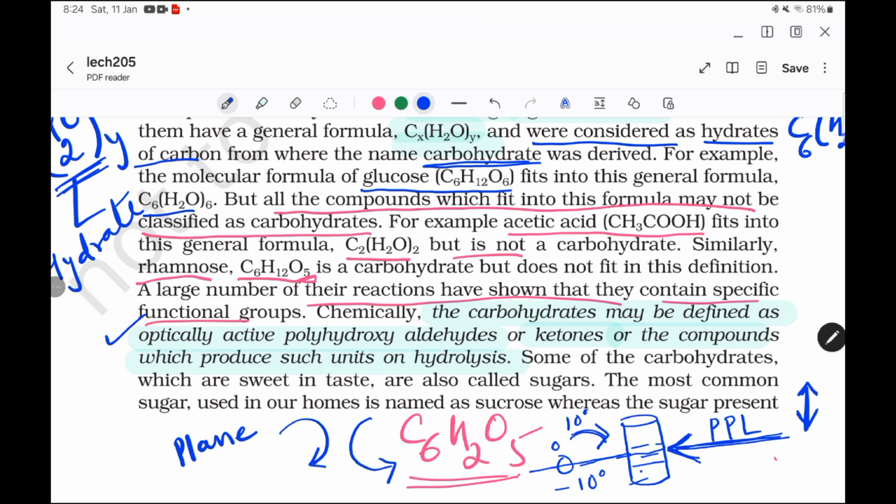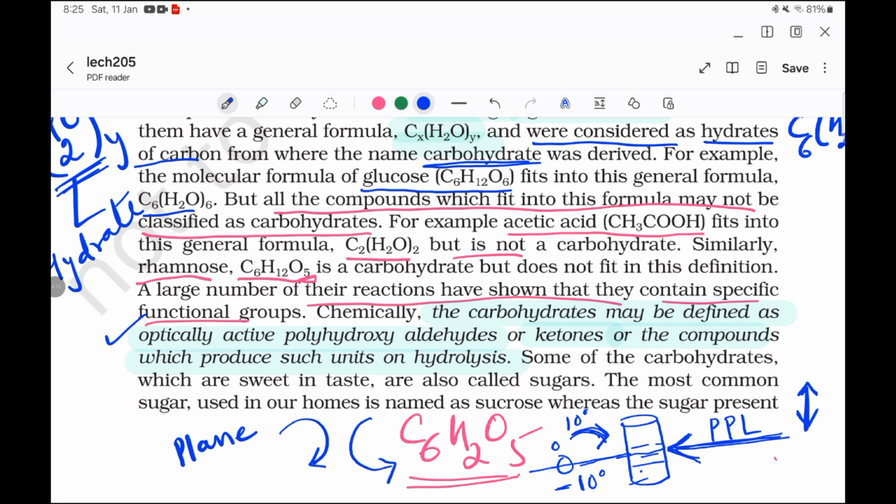Every optically active compound can rotate the plane polarized light towards the clockwise direction, called dextrorotatory, or towards the anti-clockwise direction, called levorotatory. We have already studied this in class 11th, and also in the chapter haloalkanes and haloarenes there is a brief mention of optically active compounds.